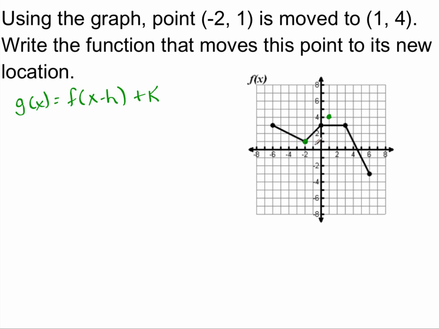Now, let's look at this. When I go from -2, 1 and then I transform it to 1, 4, what do I do in the x direction? In x, I move what? 1, 2, 3 units to the right.